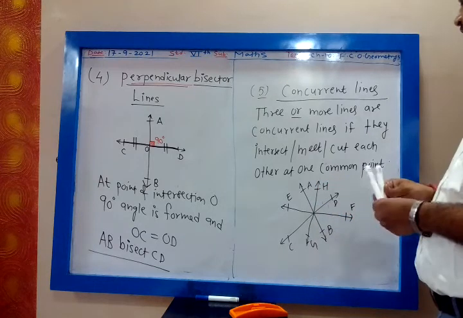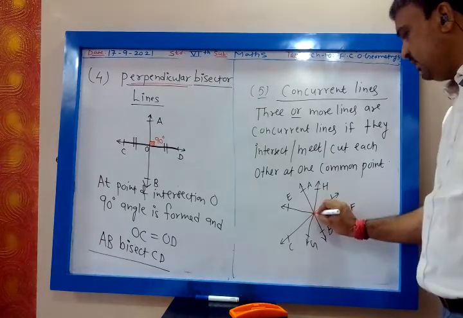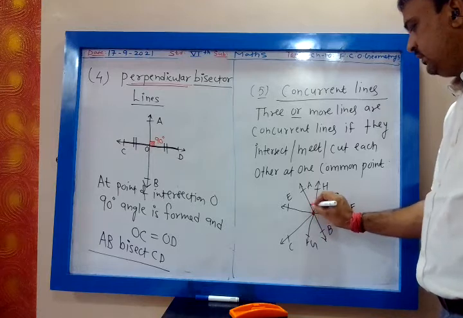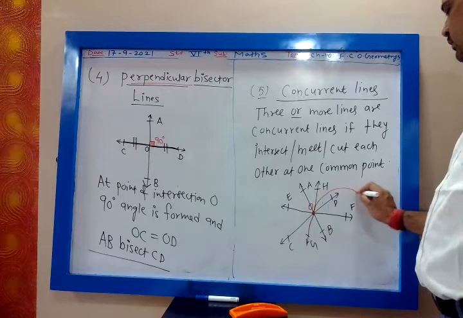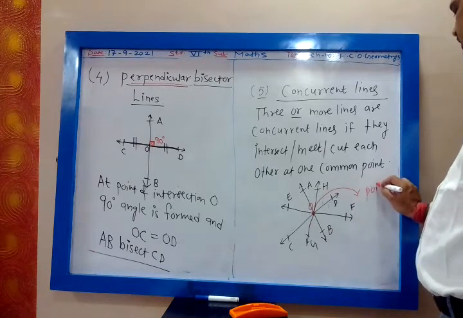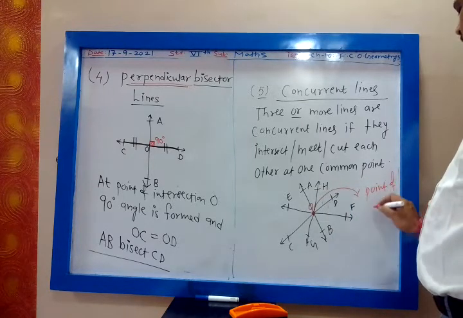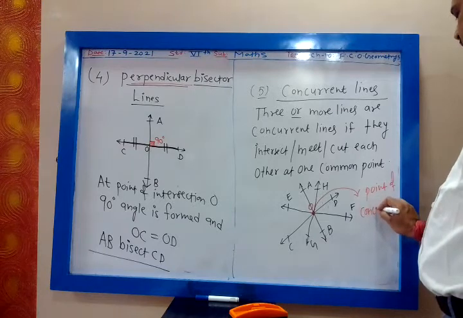All are concurrent lines because they intersect each other at one common point. And this common point O is called the point of concurrence.